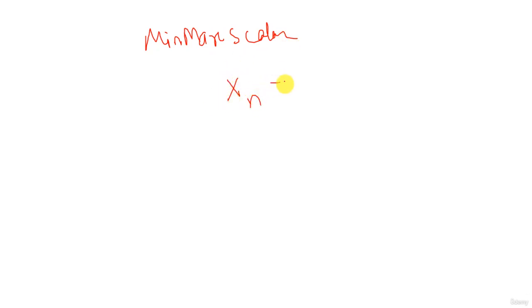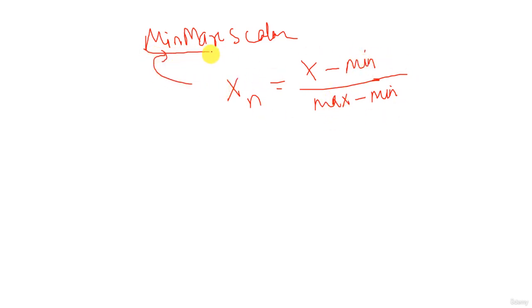So x normalized is equal to take the x and subtract the minimum value and divide it by max minus min. If you remember, this was the formula, and we use the concept of max and min within the formula. So that is the reason we call it min max scaler. And similarly, we just studied standardization, and to perform the standardization we have something called a standard scaler.